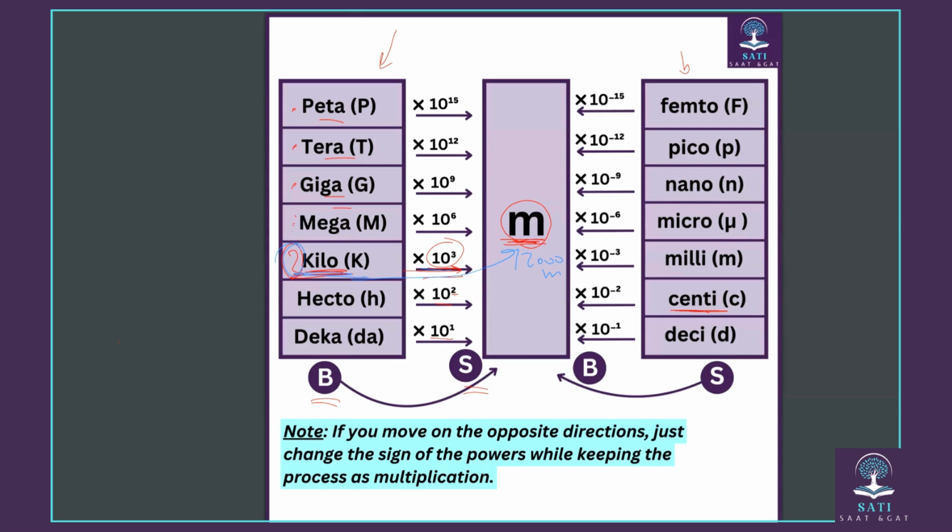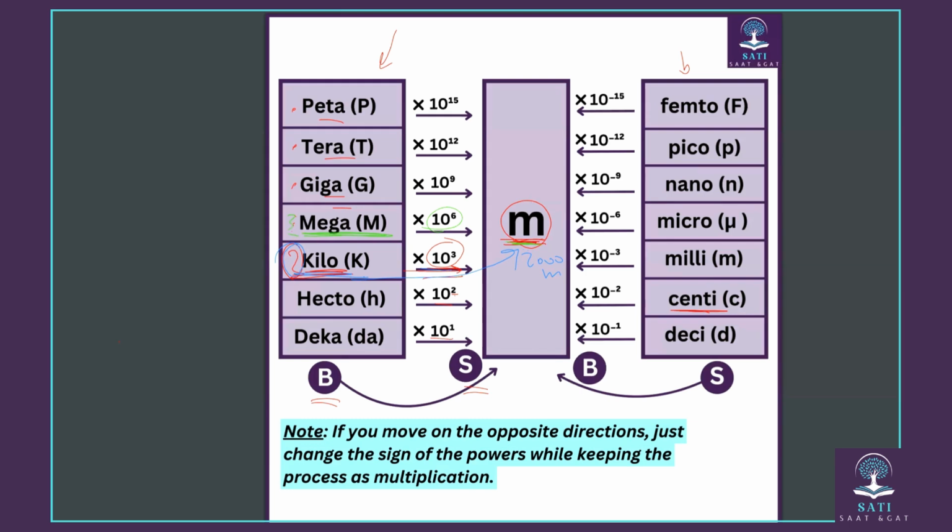If I want to change from megameter or megahertz or mega of any unit, for example, I have 3 mega and I want to change it into meter or into hertz, I multiply it by 10 power 6. I multiply this 3 by 10 power 6. It's going to be 3 million. 10 power 6 means 6 zeros, which is 1 million times 3.